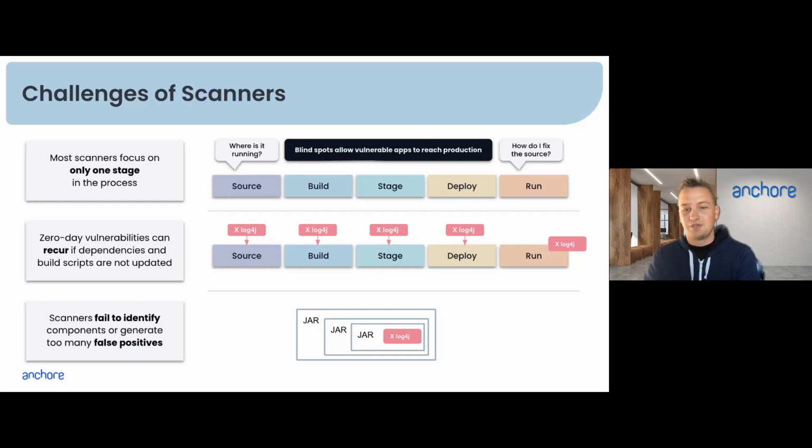So just the way with how that works, right? You may have a jar within a jar, which commonly was the case with log4j. So you may have too many false positives. What happens with a lot of false positives is they just eat up response time. If too many false positives are populating in my security tool, I don't know where to focus my priorities, right?